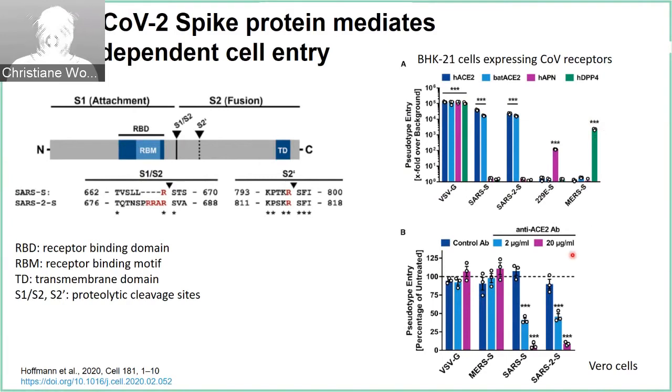Further confirming that ACE2 is involved, when you use antibodies against ACE2, you can prevent infection of the pseudovirions, either from SARS-1 or 2, when you use increasing concentrations of these antibodies.